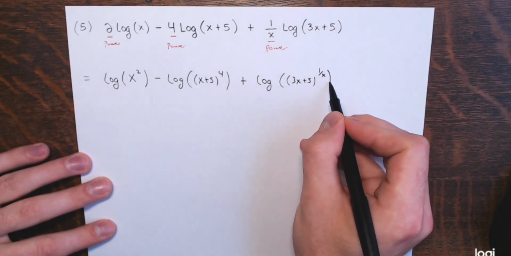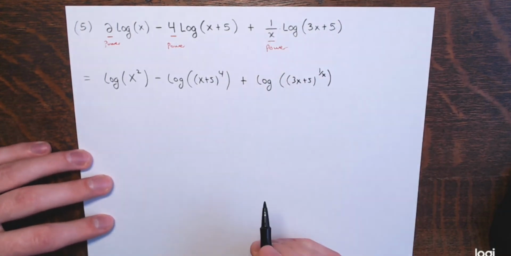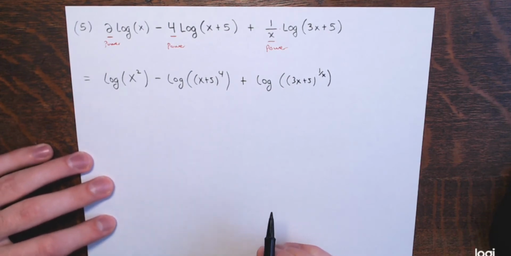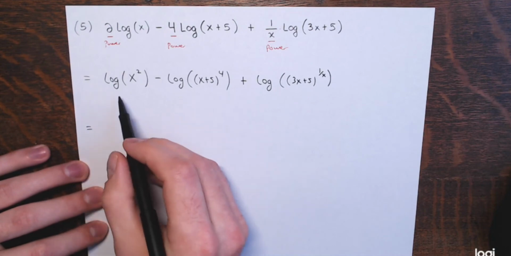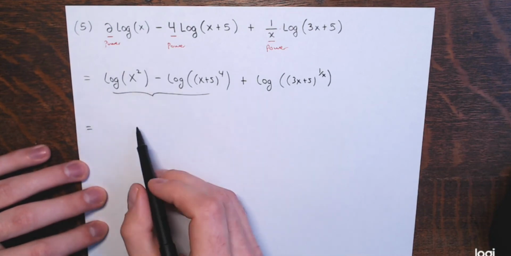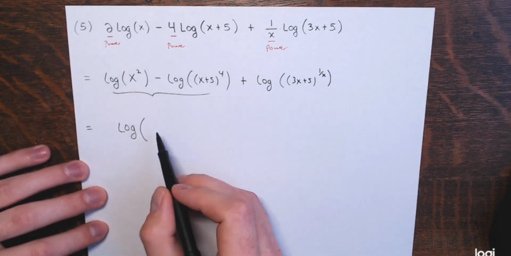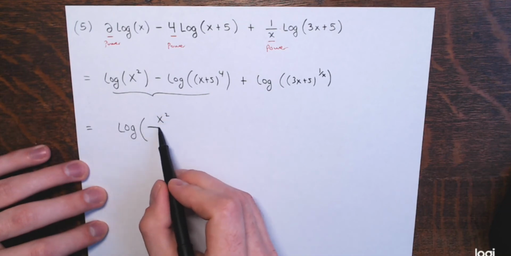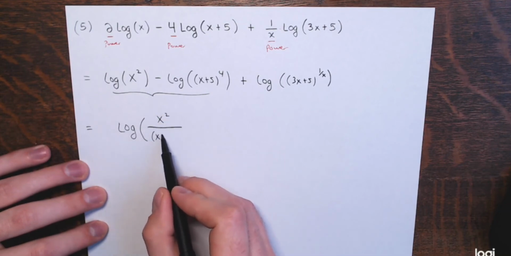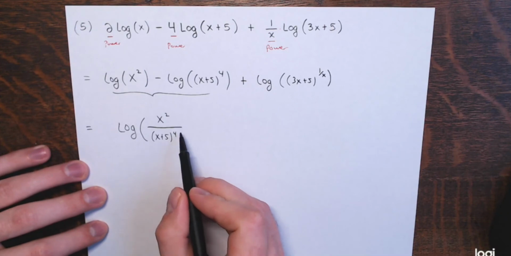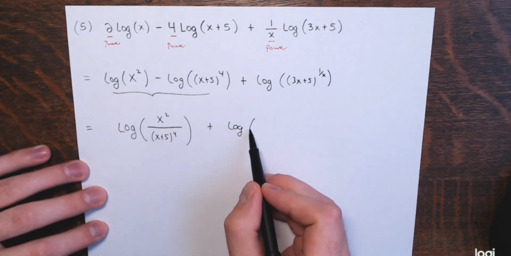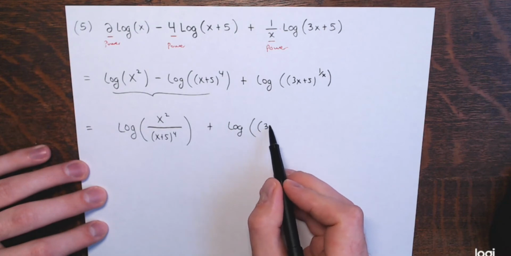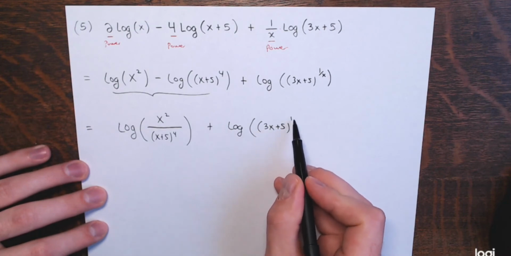Or you could write the xth root if you want to use roots. And then going two at a time, these two I'm going to do a fraction, the quotient rule. This will be the log of x squared divided by x plus 5 to the fourth. And then you got this still, this plus this log of 3x plus 5 to the 1 over x power.